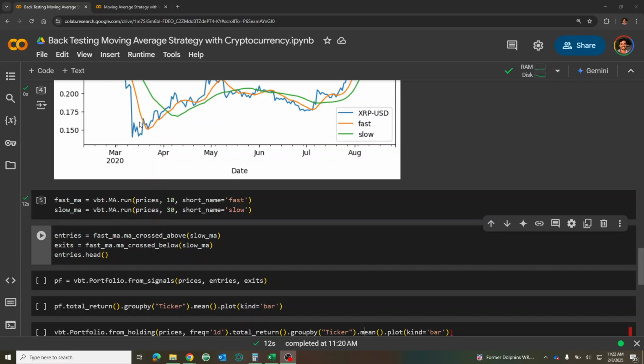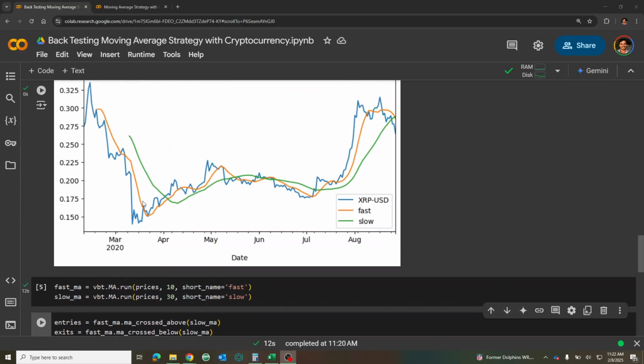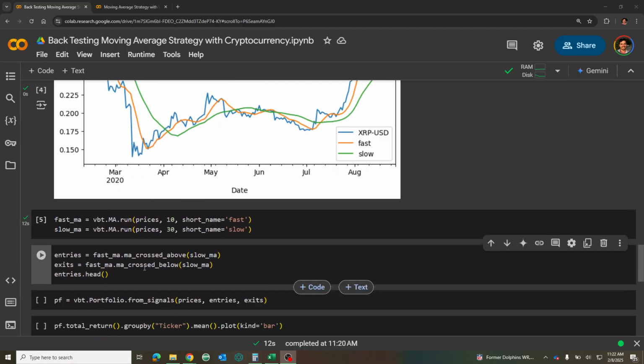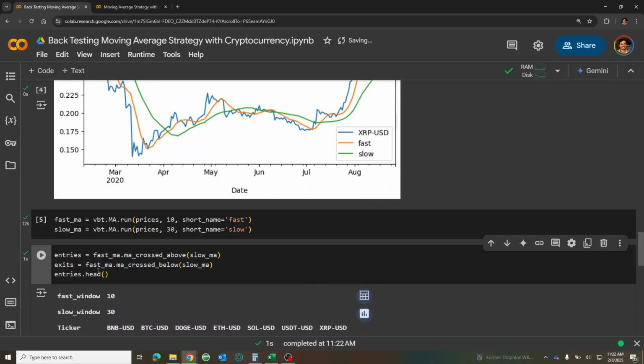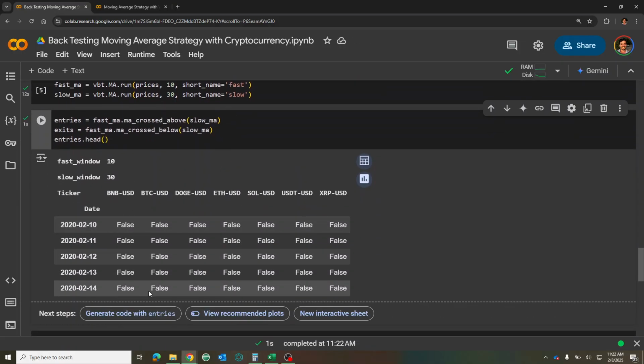When we have the fast cross below the slow, that's our exit. Okay, so that makes sense. I got really confused there because in other implementations of this strategy, that's not how we would build out the entries and exits. But that's how vector BT does it. So we do that, and if we take a look at our entries, you can see that we had no entries in this time period for any of our cryptos here.